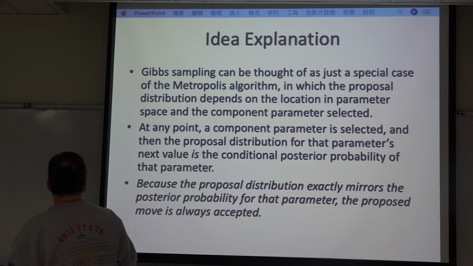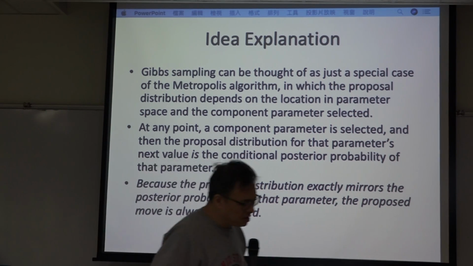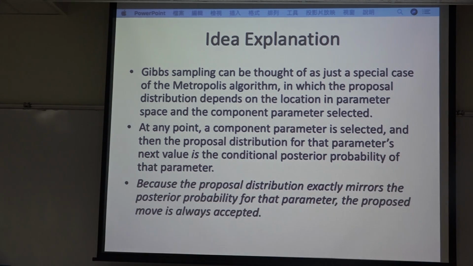First, Gibbs sampling can be thought of as a special case of the Metropolis algorithm, in which the proposal distribution depends on the location in parameter space and the component parameter selected. So it's just like the regular Metropolis algorithm, but your proposal distribution is dependent on your location and the component parameter selected.